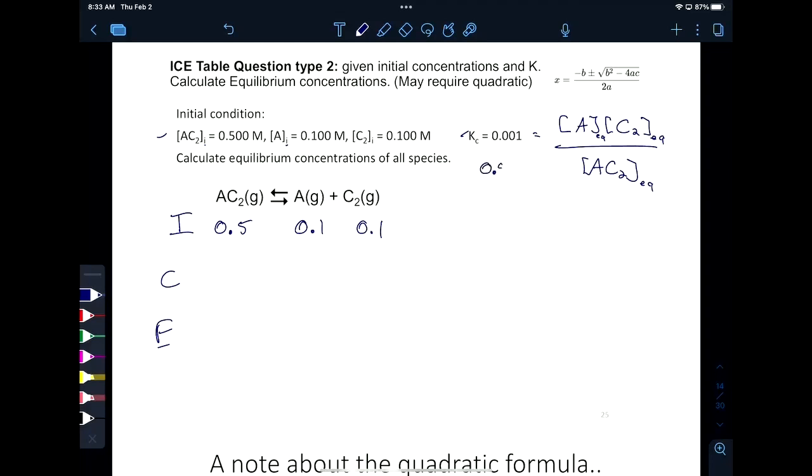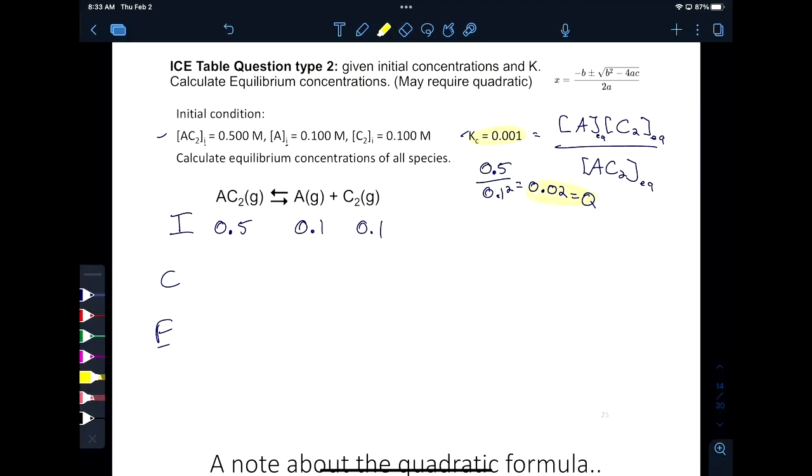So 0.5 over 0.1 squared is equal to 0.02. So that is my Q. So let's compare that Q to K. So I like to think, do I have too much reactants or do I have too much products?